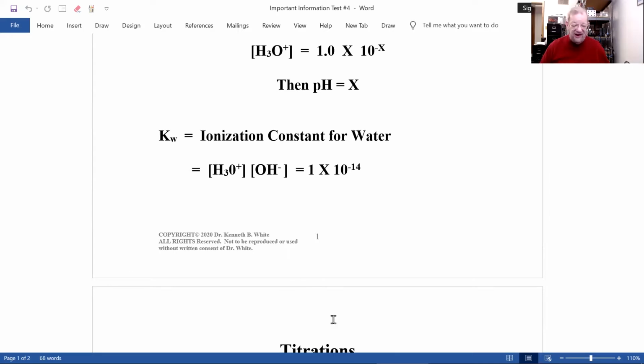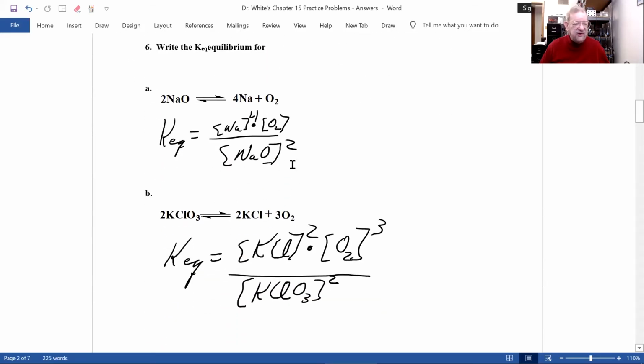So this is one of those things I'm going to ask you to memorize. The question is, write the equilibrium constant for this reaction.